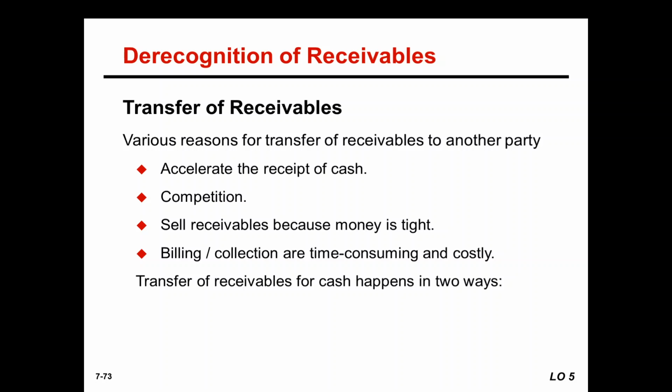So Telkomsel could sell the receivable to other companies like Bank BNI, so that Bank BNI will collect the receivable that Telkomsel has transferred to it. It could be because of competition, because the money is tight and they need more cash, or because billing or collection is time consuming and costly.